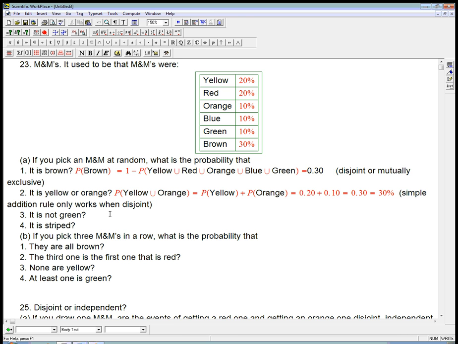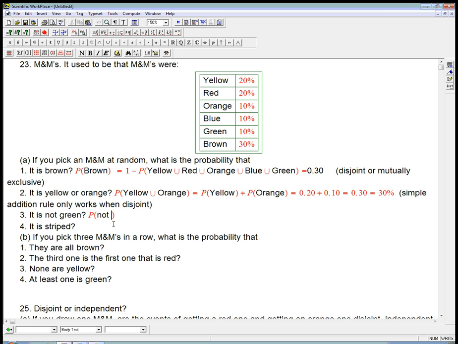Okay, what's the probability that it's not green? That's the complement principle. Probability of not green, I guess I've been capitalizing my colors for no particularly good reason. Well, that's again very similar to what we did here. It's 1 minus the probability that it's green. And that's easy.